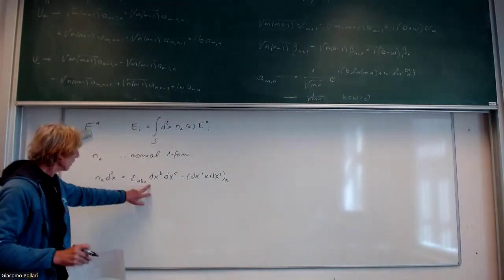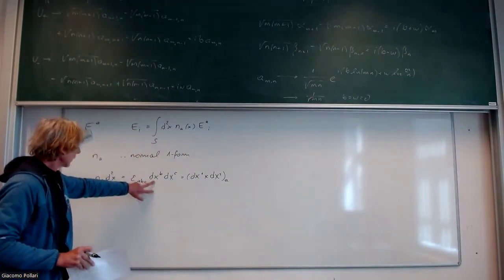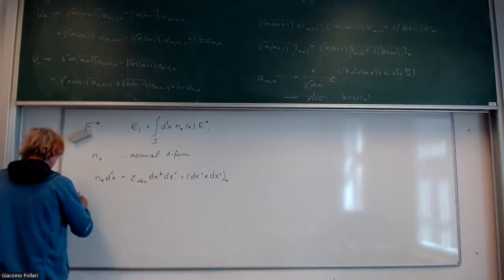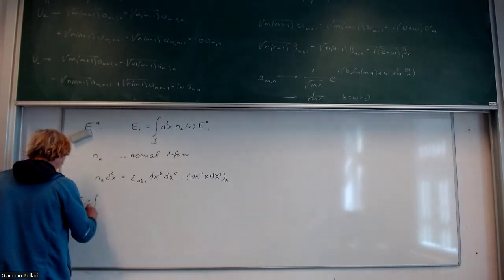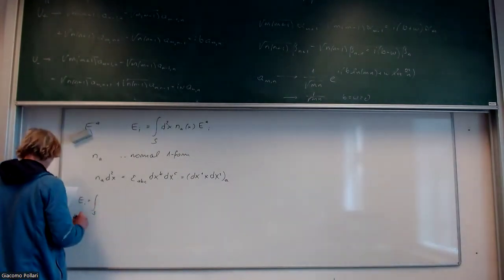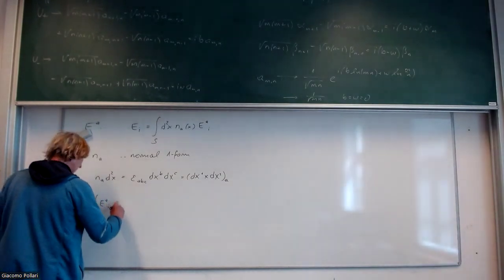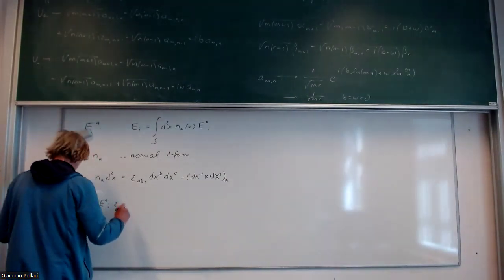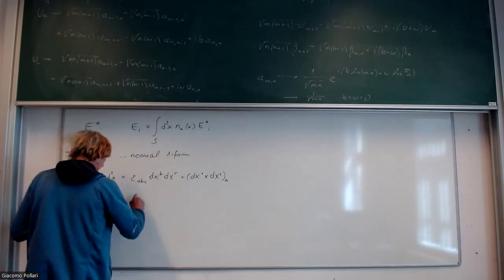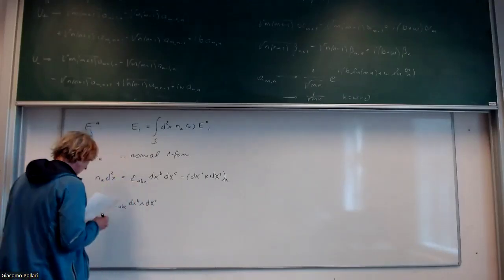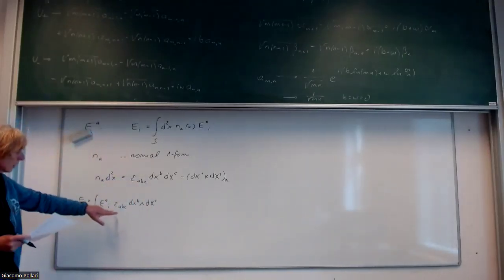So here we have a two-form, it's just the Hodge dual of this one-form, and then we can write the integral of E^a_i epsilon_abc dx^b dx^c. Now we have an integral over a two-form.